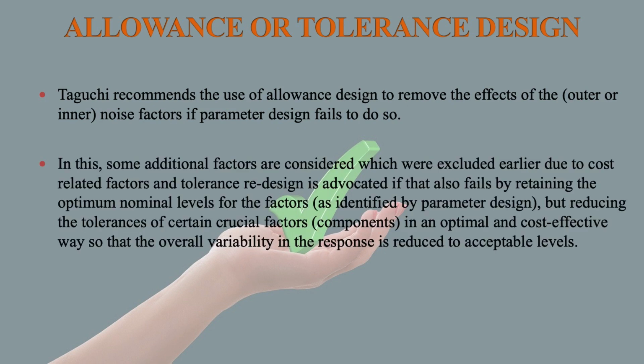In this, some additional factors are considered which were excluded either due to cost related reasons, and tolerance redesign is advocated if that also fails, by retaining the optimum nominal levels for the factors as identified by the parameter design, but reducing the tolerance of certain crucial components in an optimal and cost effective way so that the overall variability in the response is reduced to acceptable levels.